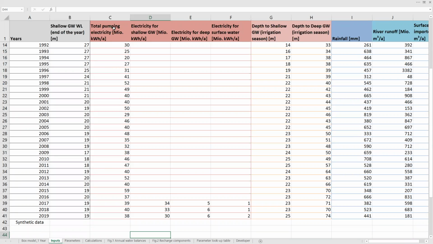For electricity data, if you only have the total pumping electricity, just enter it here. And if you have more information from the different sources of water, you can enter the pumping electricity for each source of water here.